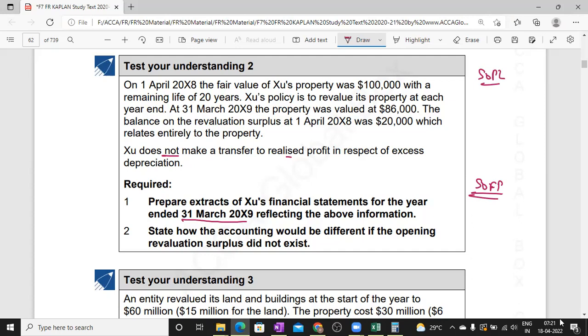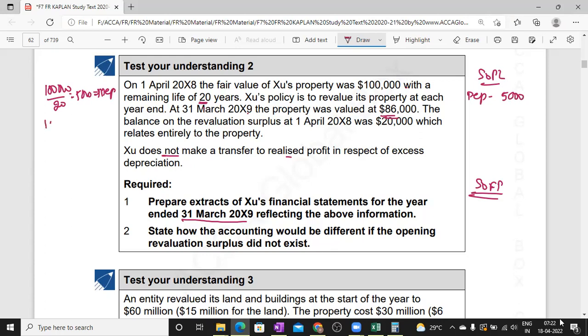So on 1st April, 1 lakh with a remaining useful life of 20 years. So 1 lakh by 20 is nothing but 5,000. This is the depreciation.